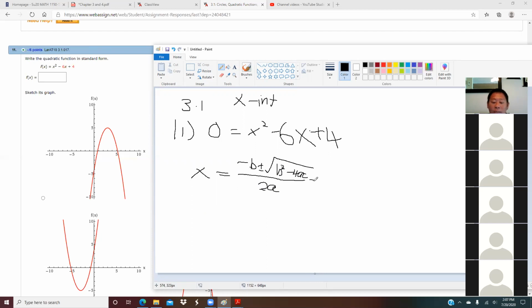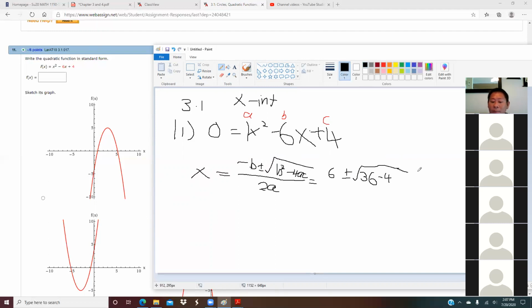So in this case, your a is 1, your b is -6, and c is 4. When you plug in a negative 6 for b, negative b becomes positive 6. And then you square negative 6, so negative 6 times negative 6 is 36.